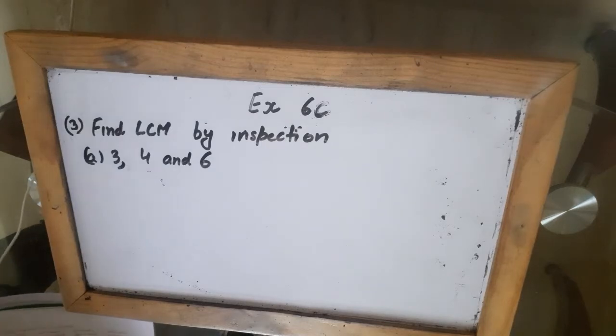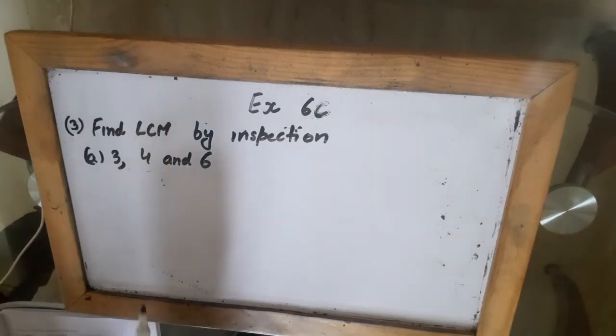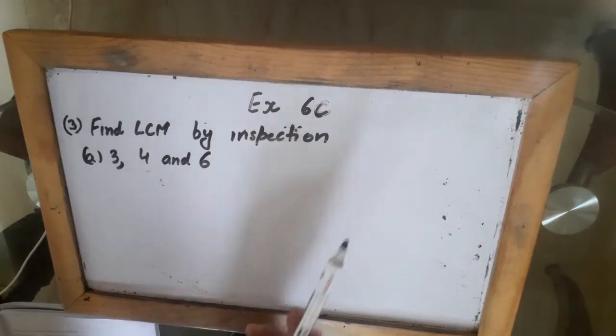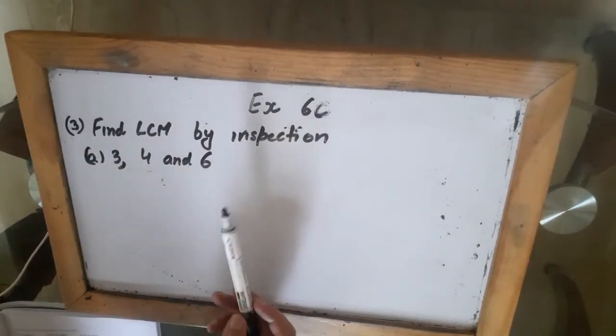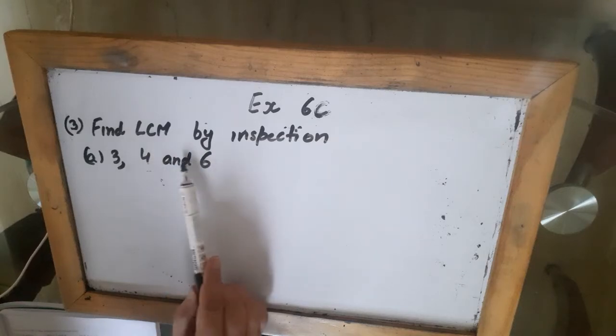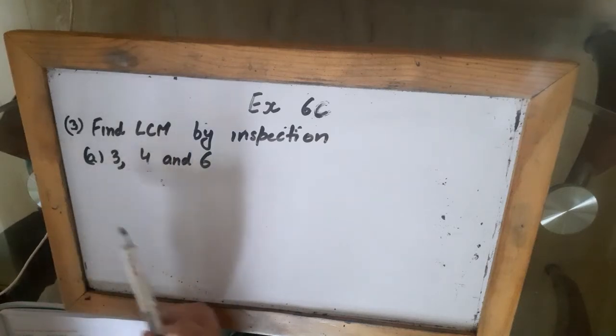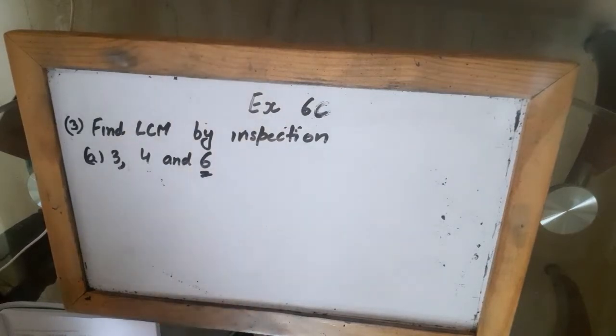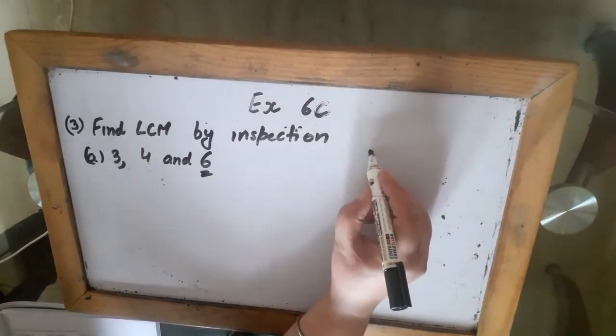So by inspection, this is the second method of finding out the LCM. In this, I will see which is the greatest number out of them. So this 6 is the greatest number out of these.